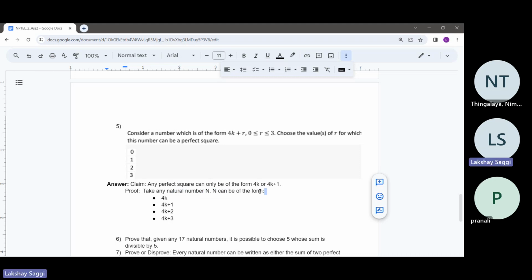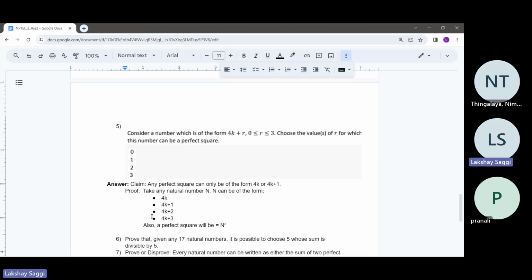We also know that perfect squares are squares of natural numbers. What is a perfect square?